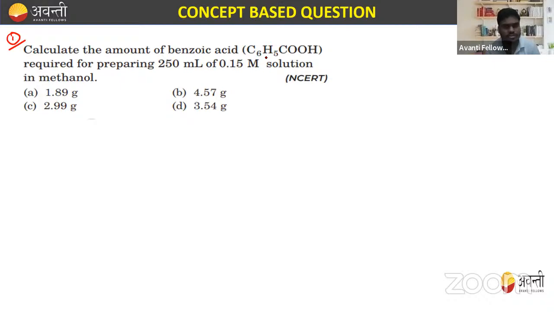Just try to solve this question till I take some water. I'll give you 1 minute for this question. After this, I'm going to explain how to solve it.